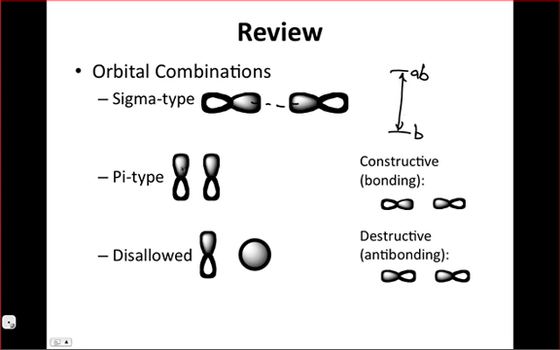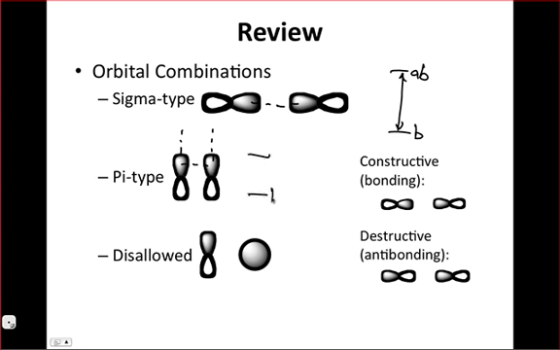Pi-type overlap is similar, except the two orbitals are side-on. So this is another example of an allowed combination, but the orbitals aren't pointing directly at one another. Instead, they're parallel to one another as they come towards each other. There is still an interaction there, and it is still favorable in the sense that the bonding orbital is lowered in energy, but it's not quite as extreme as sigma type overlap.